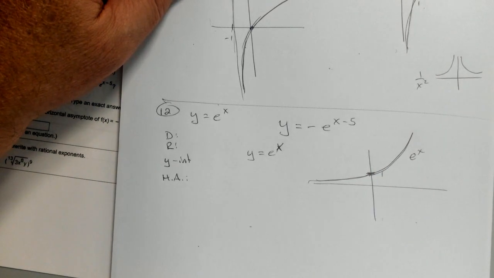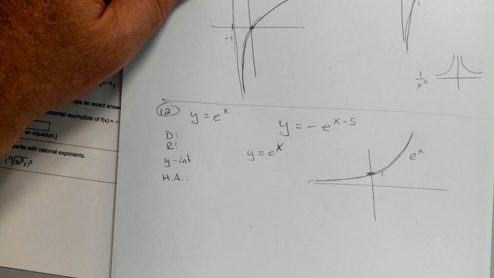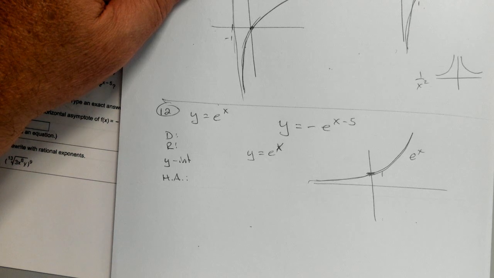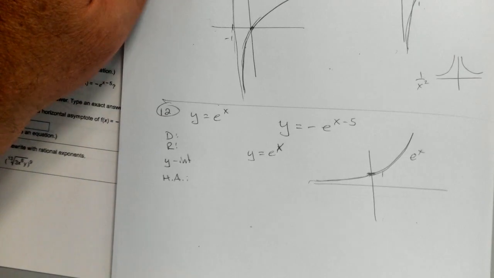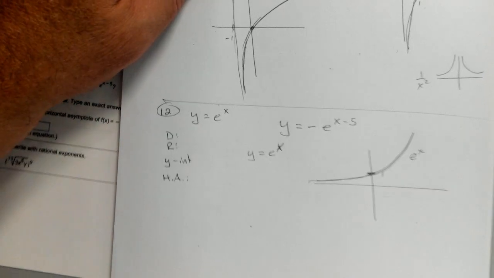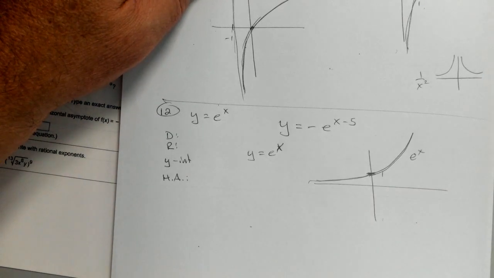What kind of horizontal shift do we have? The shift is 5. Which direction? The right.